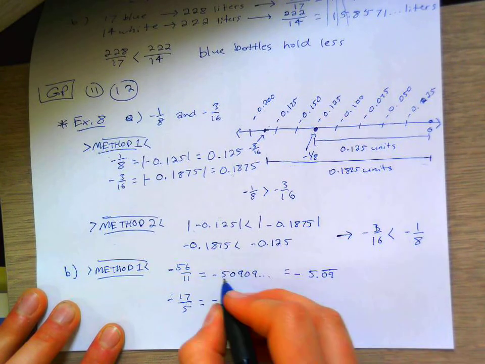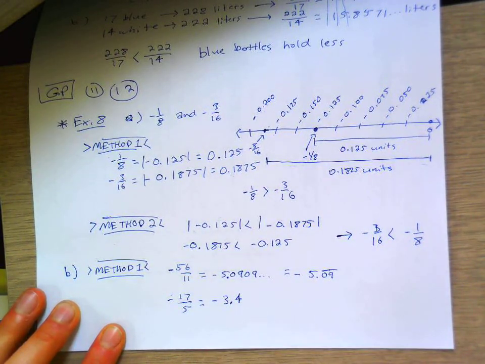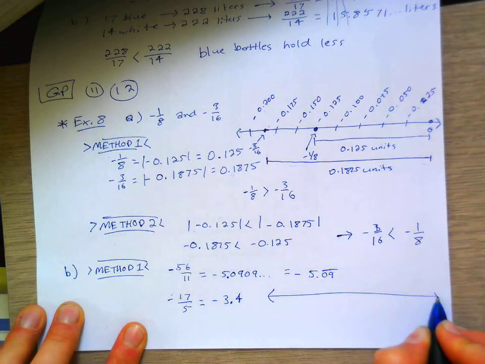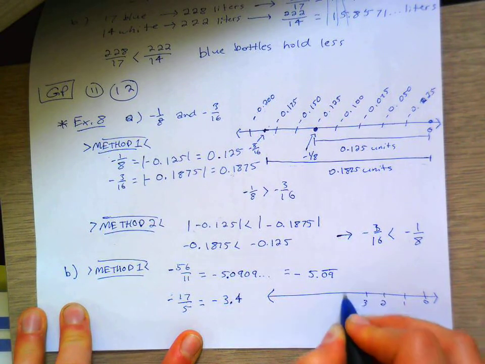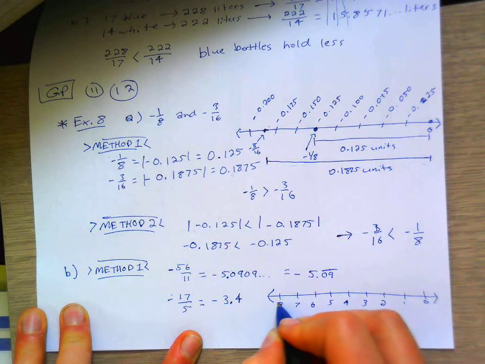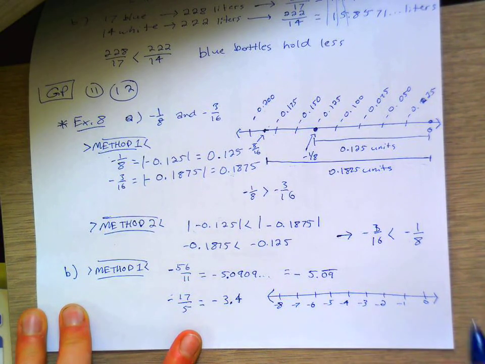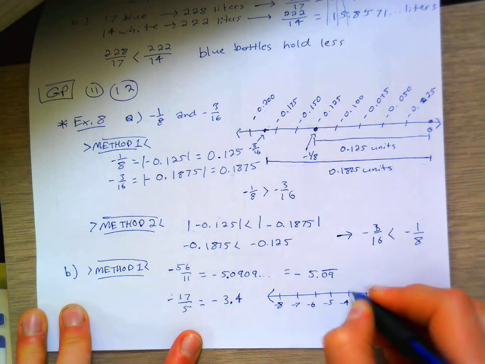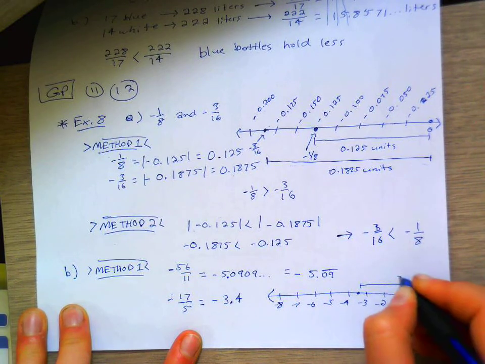Let's compare those on the number line. Here's our number line. 0, 1, 2, 3, 4, 5, 6, 7, 8. All of these numbers are negative because they go left of 0. Now we're going to find the absolute value of this, which is 3.4 units. Therefore, this is -3.4.